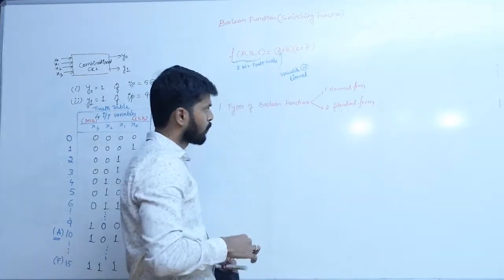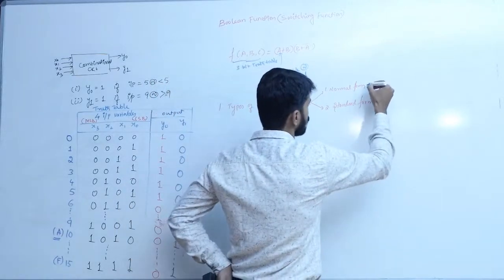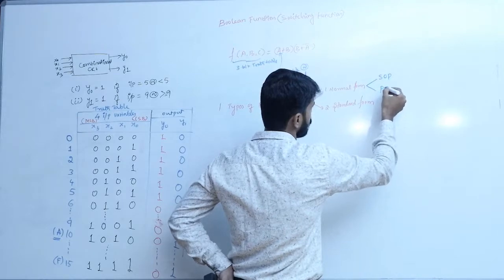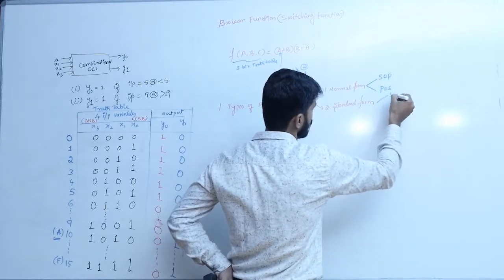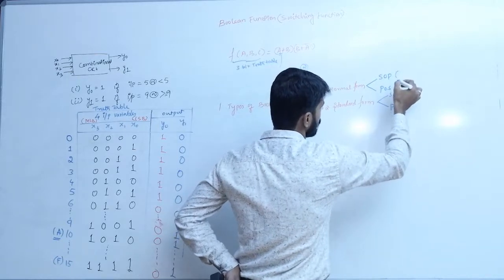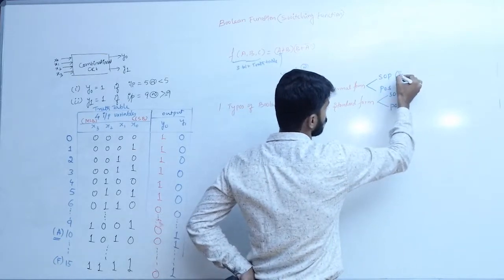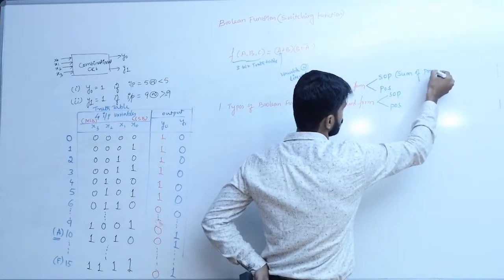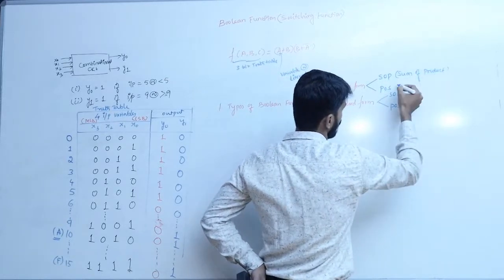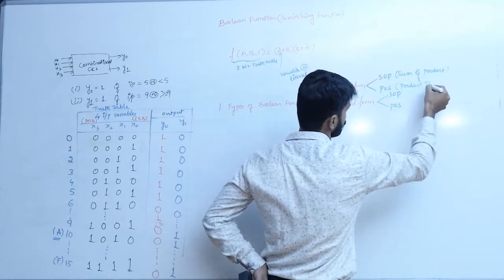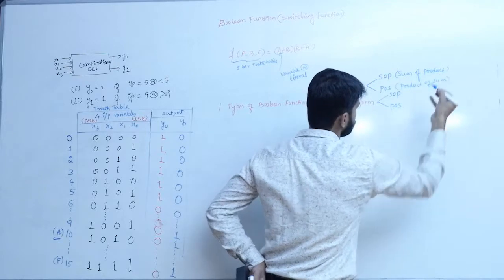Again, in the normal form there are 2 types: one is SOP and another one is POS. Similarly, in the standard form also there are SOP and POS. SOP is nothing but sum of product, and POS stands for product of sum.